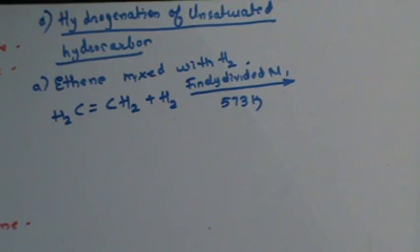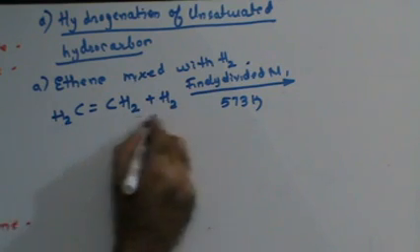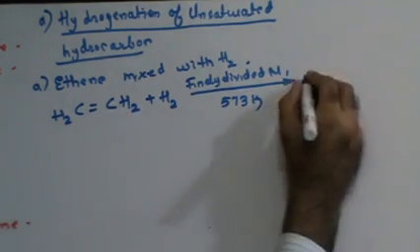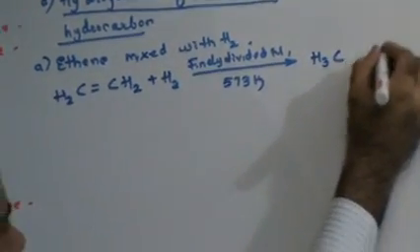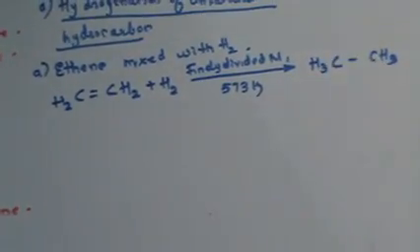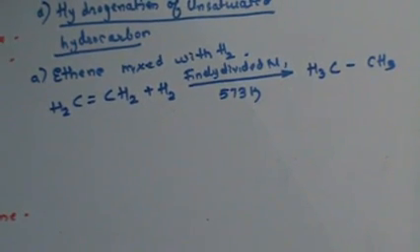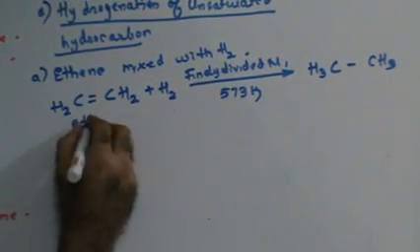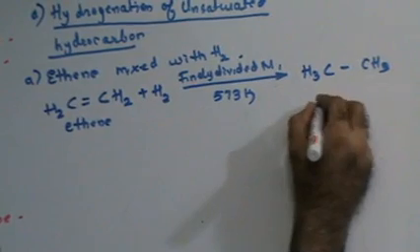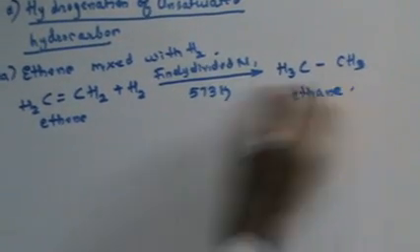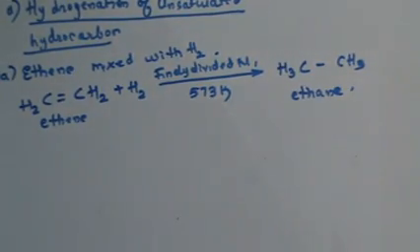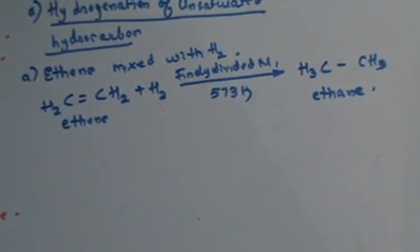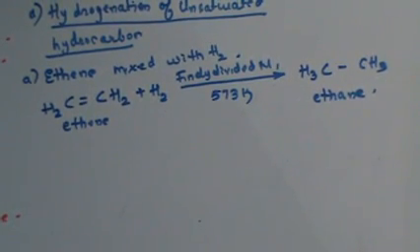Out of the 2 hydrogen, 1 hydrogen will combine here, 1 hydrogen will combine here. So this will become H3C, CH3. Double bond gets converted into single bond. So here, ethene gets converted into ethane. This is how you convert an alkene into an alkane, right? Hydrogenation enables you to convert an alkene into an alkane.